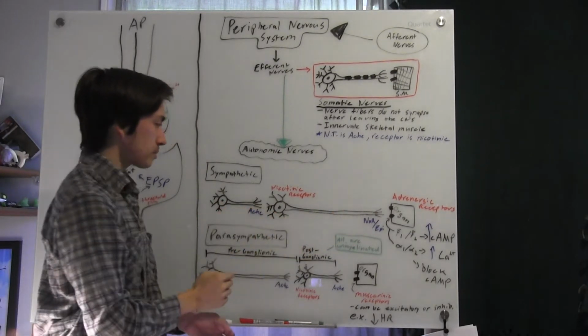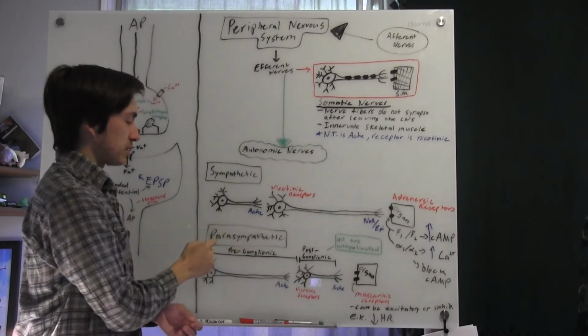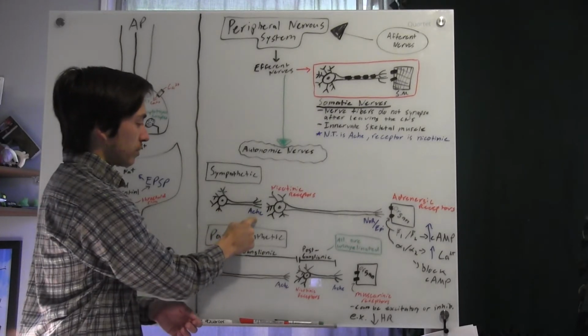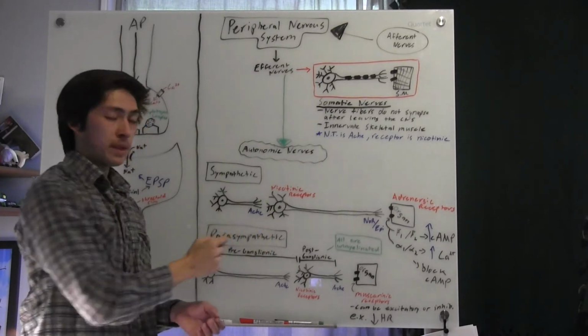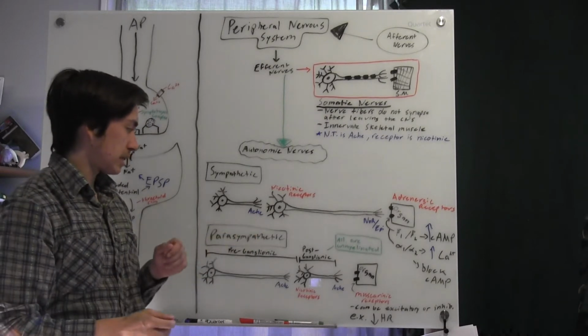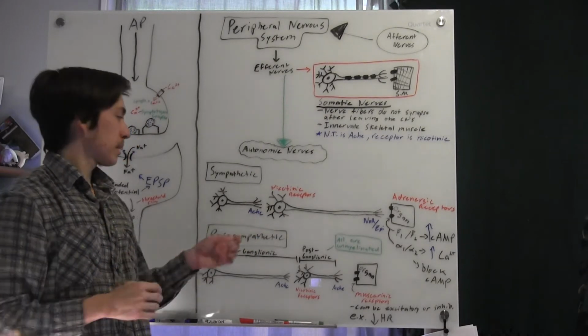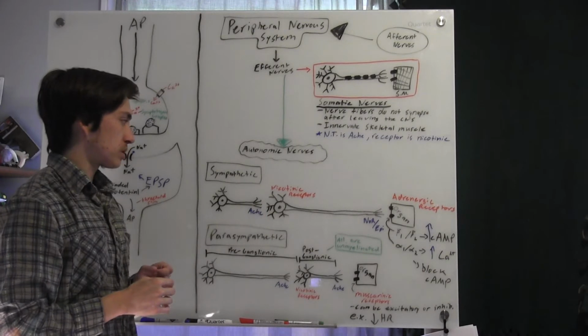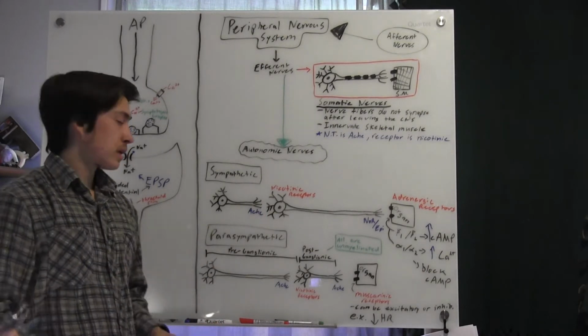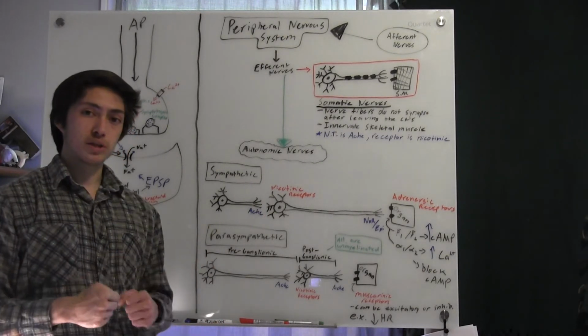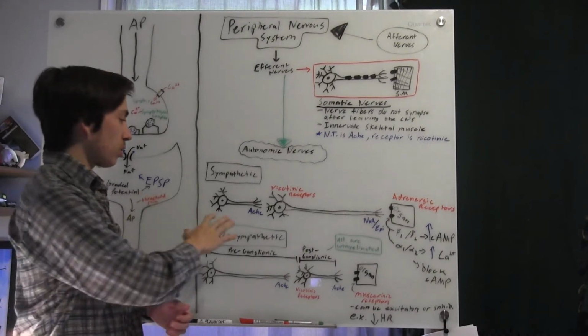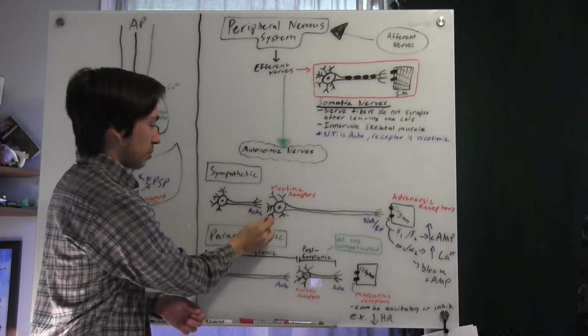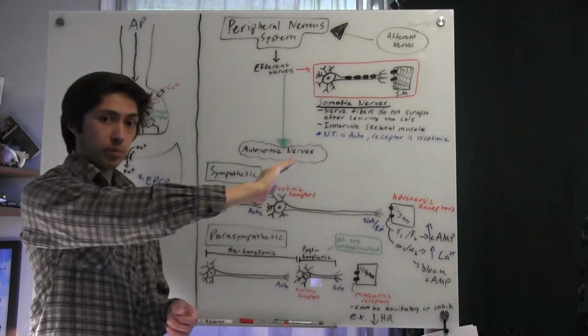and right here. Now, at the synapses between the pre-ganglionic neuron and the post-ganglionic neuron, we're going to see acetylcholine as the neurotransmitter and nicotinic receptors as the receptors. And this is because we always want it to be excitatory. We don't want the signal to stop here. We want it to continue through.